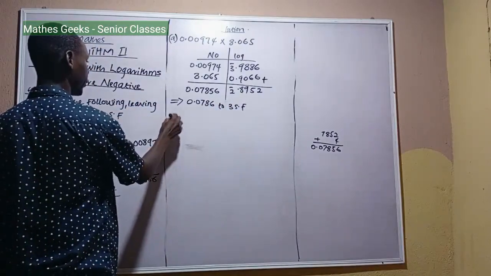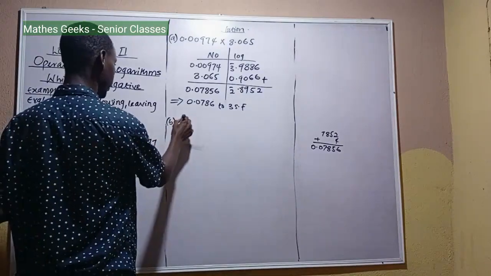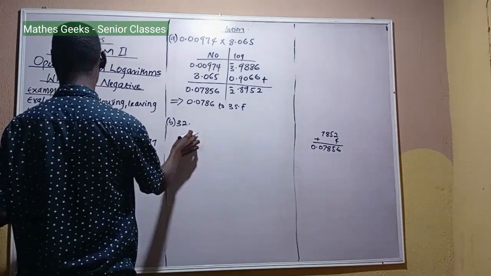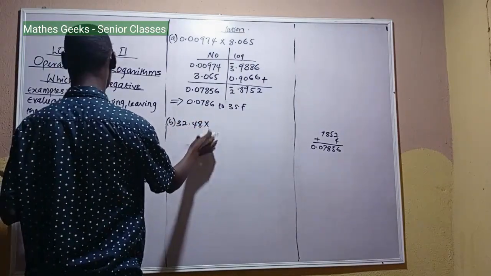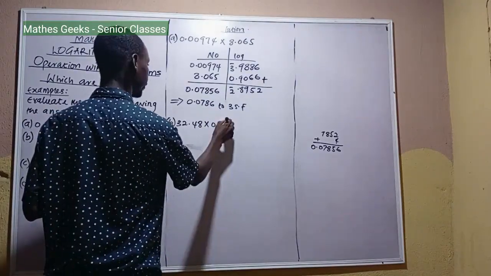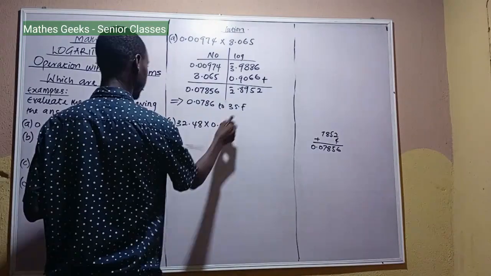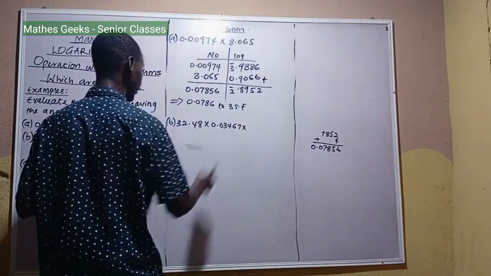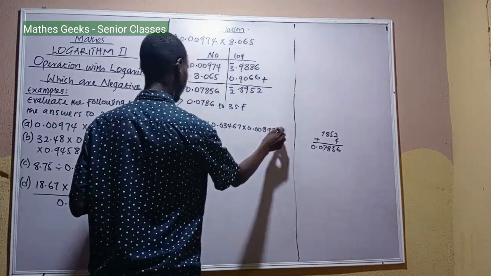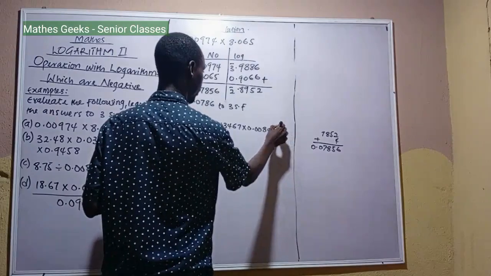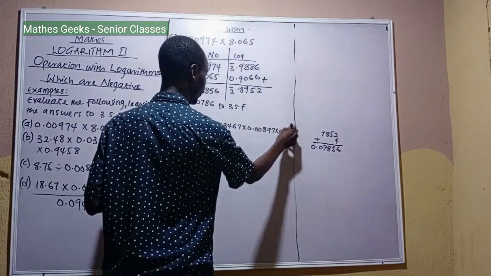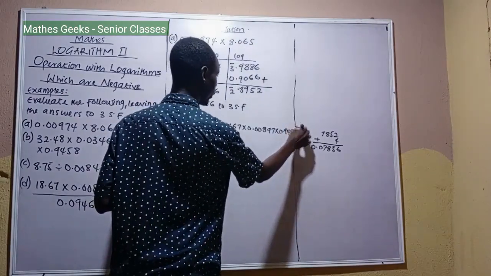Number B. B is 0.3248 times 0.00347 times 0.00897 times 0.9458.